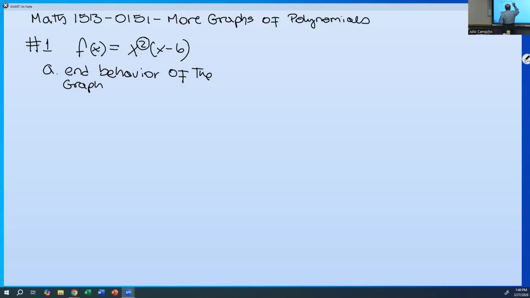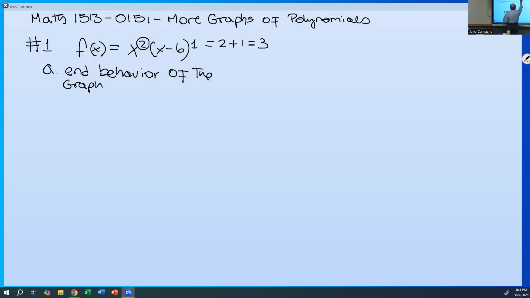And the second factor doesn't have any power shown, so by default we can assume it is to the power of 1. The only thing you have to do is add the 2 exponents. 2 plus 1 is equal to 3.